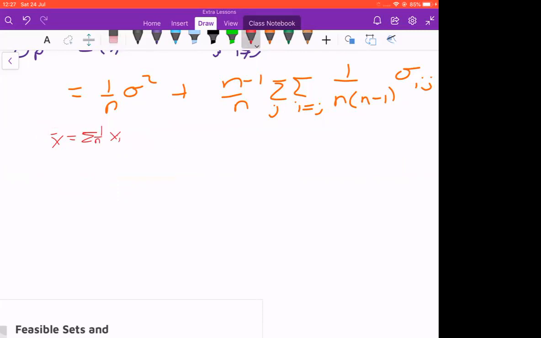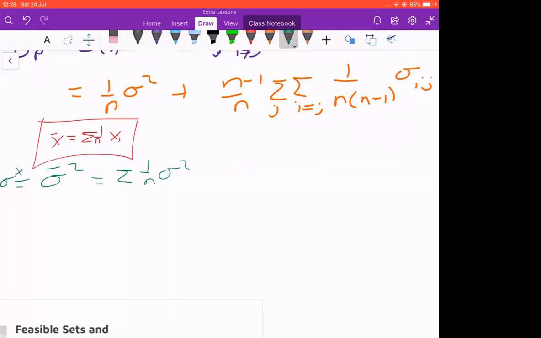If this is the case, to find the expectation of the variance, it's going to be the sum of 1 over n variance squared. You can denote this by x bar.